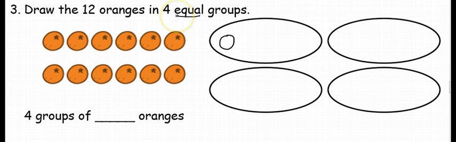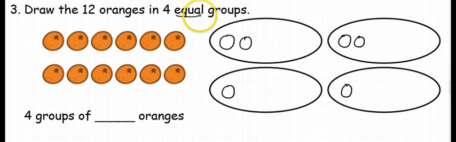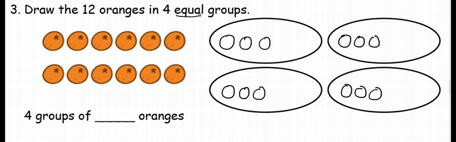So 1, 2, 3, 4, 5, 6, 7, 8, 9, 10, 11, 12. By putting the oranges in the circles one at a time, I know that I have equal groups. And that means I have 4 groups of 3 oranges. There are 4 groups, and in each group we have 3 oranges.